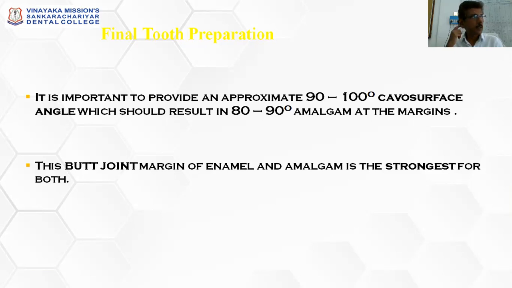Why? Because as I said before, it all has to do with the physical properties and tensile strength of dental amalgam. This butt joint margin of enamel and amalgam is said to be the strongest for both. Just keep this in mind.